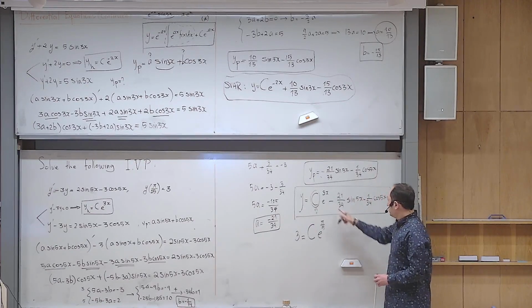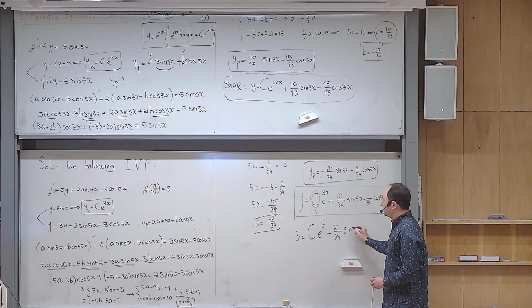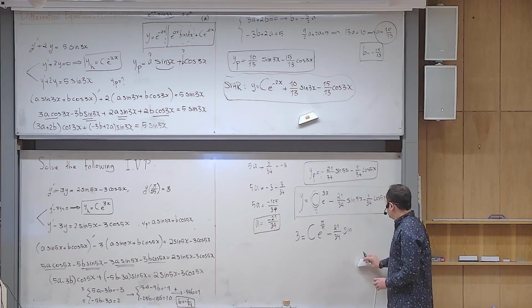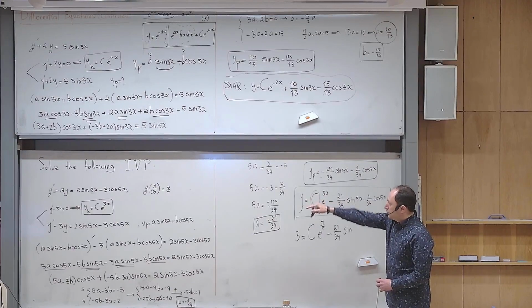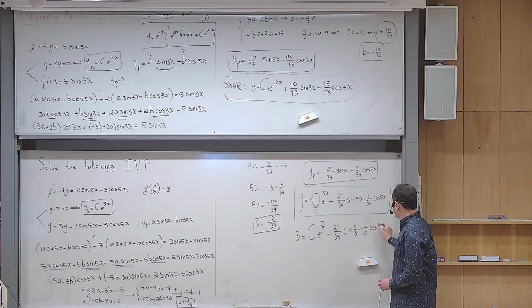Yes? And then what do you have? You have minus 21 over 34 sine of 5 times x, which is 5 times pi over 15, which is pi over 3, and then minus 1 over 34, and then you have cosine pi over 3.